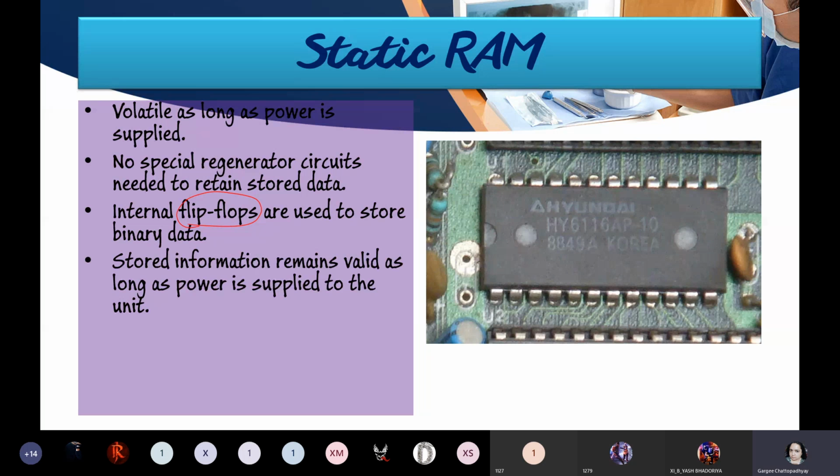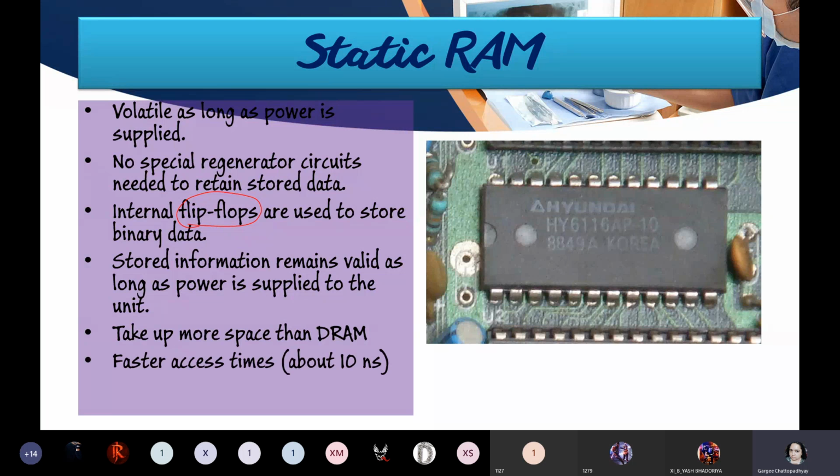Information remains valid as long as power is supplied to the unit, takes up more space than DRAM, faster access time about 10 nanoseconds, and hence it is used for cache memory.